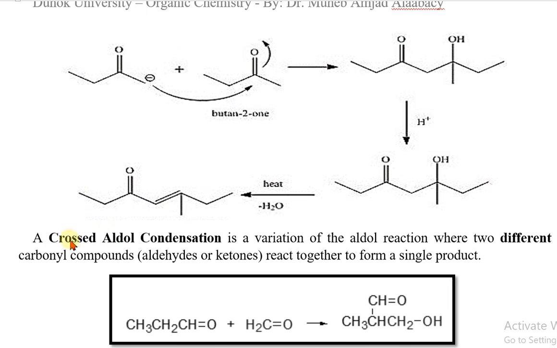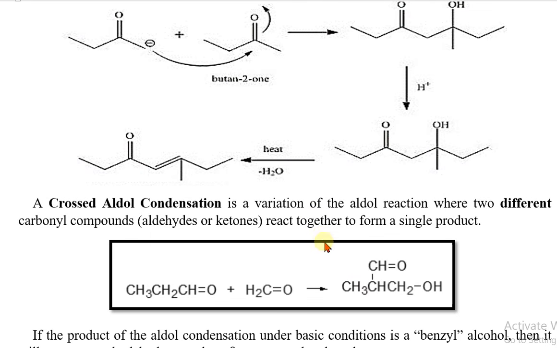So the cross aldol condensation, what does it mean? It is a variation of the aldol reaction where two different carbonyl compounds, aldehyde or ketone, react together to form a single product. So different aldehydes or ketones react together to give you a single product here. This is a cross aldol condensation.